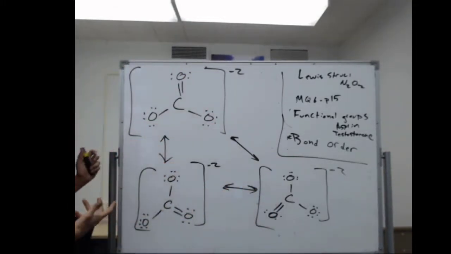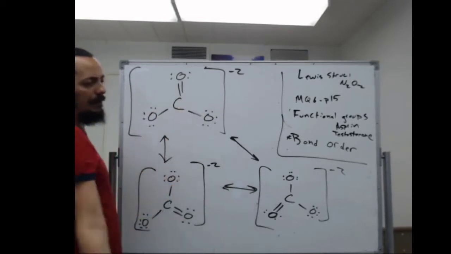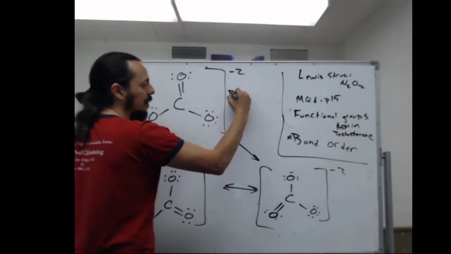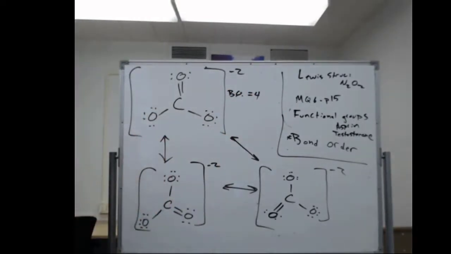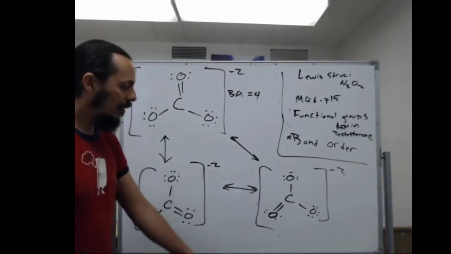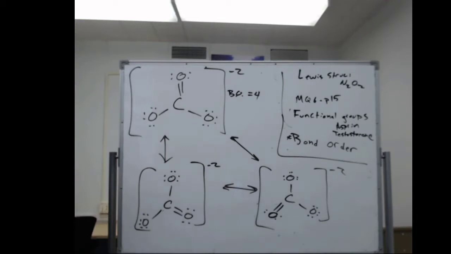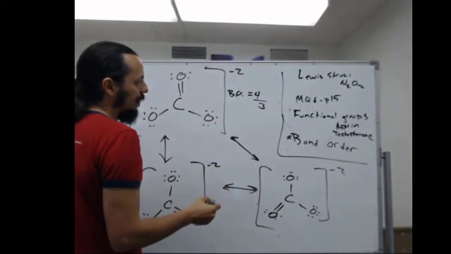In each of these, if I'm looking at this carbon, I'm just going to count the bonds around it. I would count 1, 2, 3, 4. Bond order is 4. In this one, bond order is 4. In this one, bond order is 4. However, I have to average that bond order over all 3 structures.